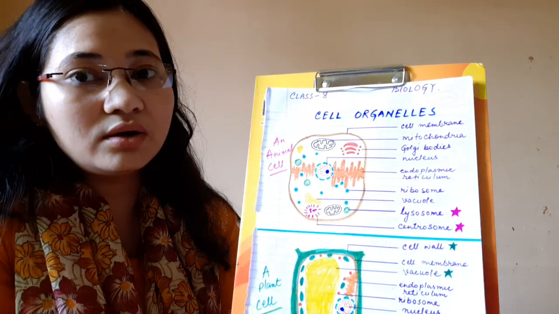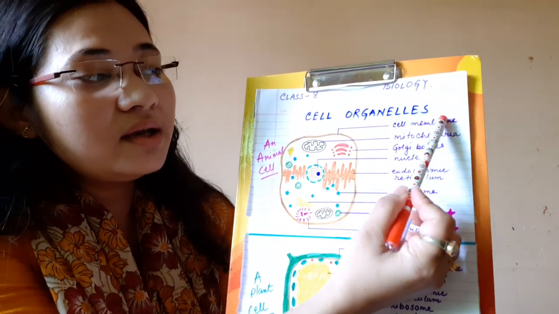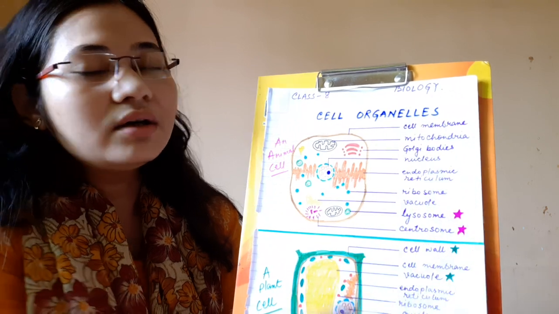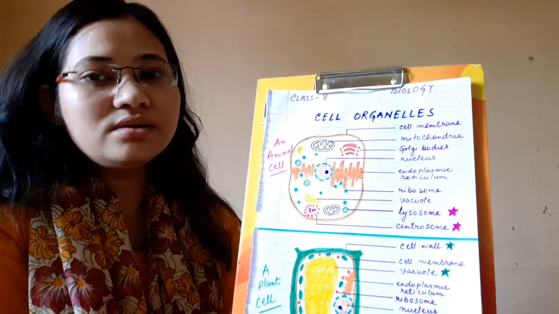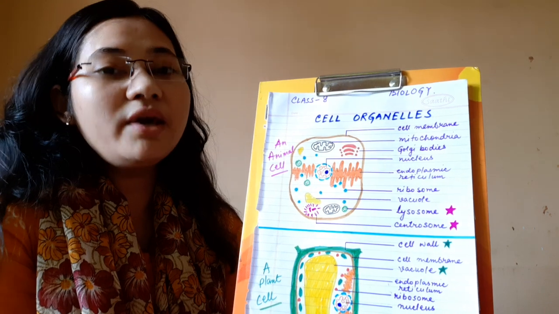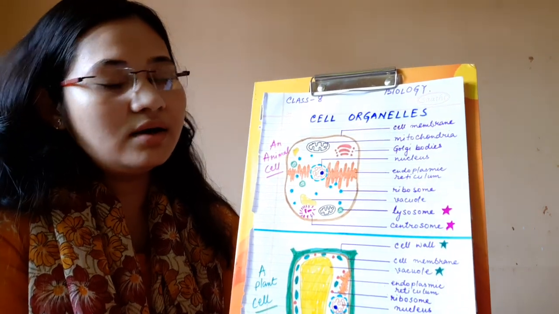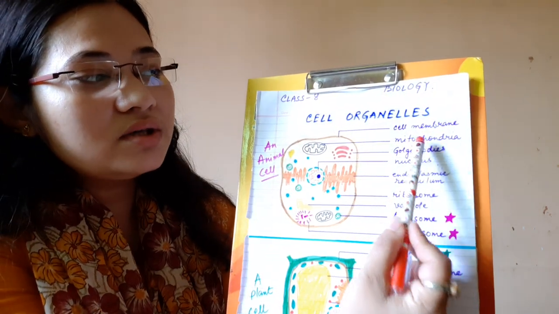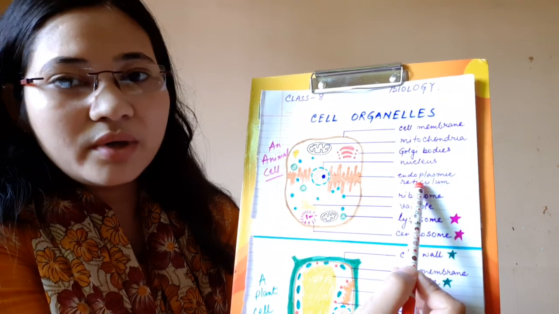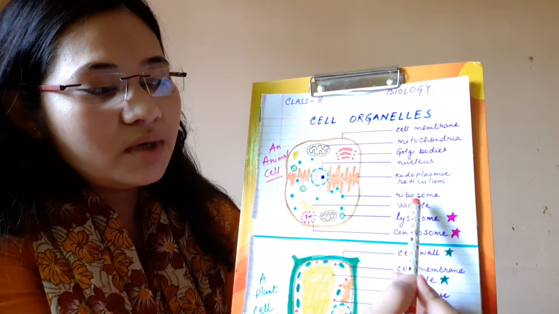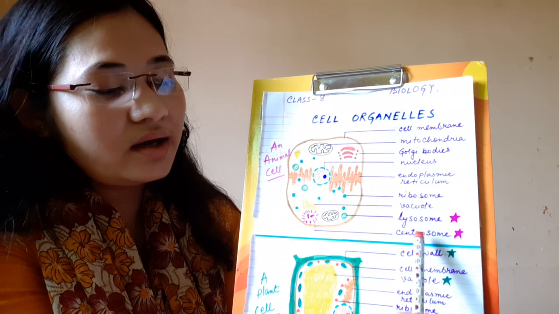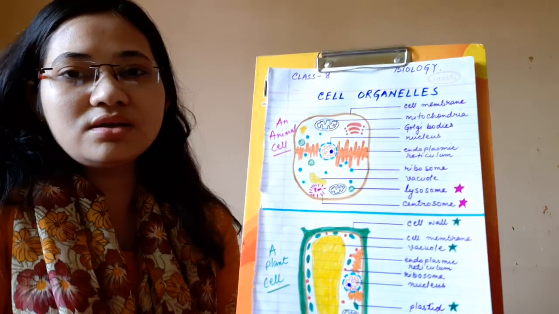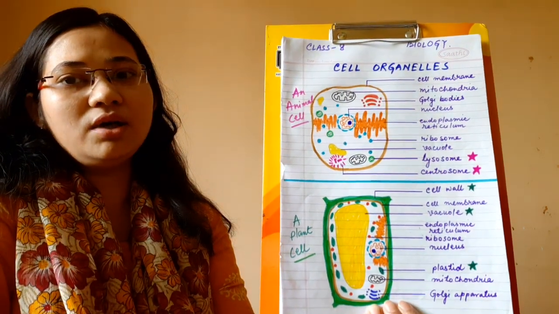Mind you, the cell membrane and nucleus are not included in cell organelles because we have included them in the basic parts of a cell. So once again, mitochondria, Golgi body, endoplasmic reticulum, ribosome, vacuoles, lysosomes and centrosome. These are the cell organelles which are present in the animal cell.